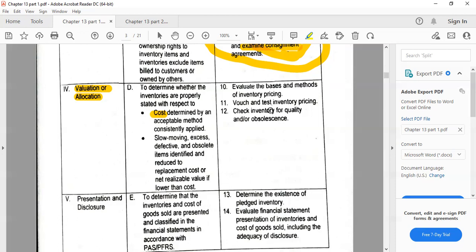Those are already defective. They can no longer be sold. So our role there is to check the inventory tags for which items can no longer be sold, and then make a corresponding adjusting journal entry to reduce the balance of inventory corresponding to the defective items.